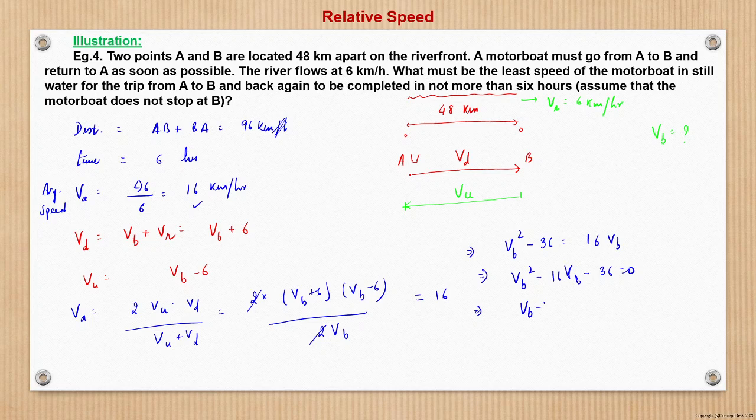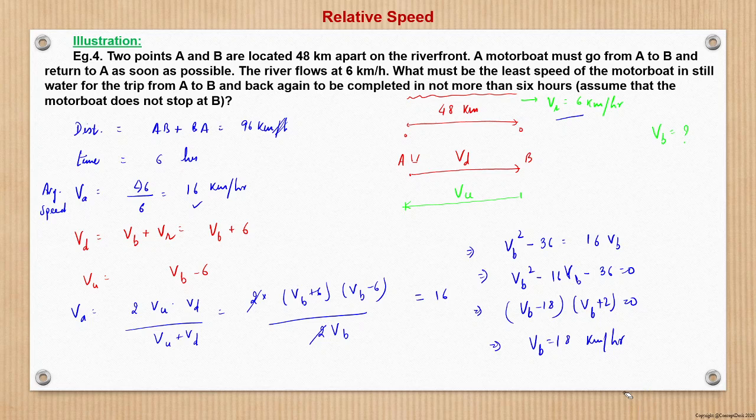So VB minus 18 and VB plus 2 is equal to 0. So VB is equal to 18 is a valid solution, minus 2 is not a valid solution. So that means 18 kilometer per hour should be the speed of the boat in still water, so that it can cover up and downstream both in 6 hours, wherein the velocity of the river is 6 kilometer per hour.